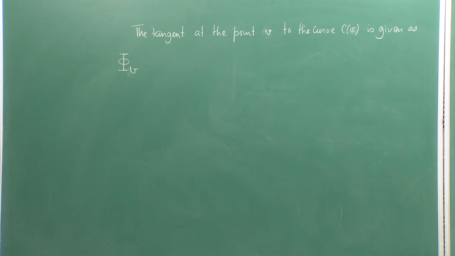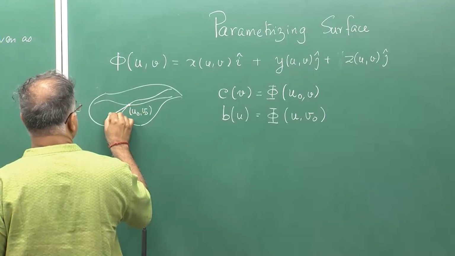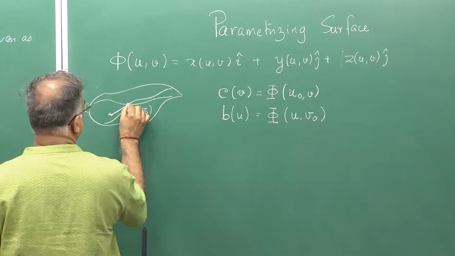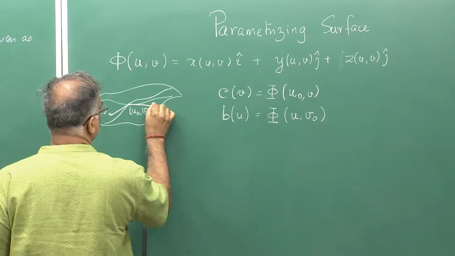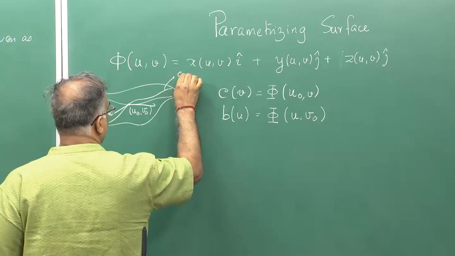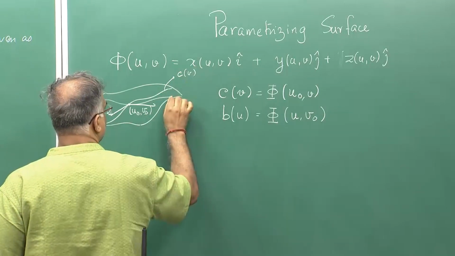That has to be evaluated at u naught v naught, because suppose we are just looking at what happens at u naught v naught. So, then basically we are looking at this tangent to C, then we can look at a tangent to this, the curve C, CV, and this is the curve BU.